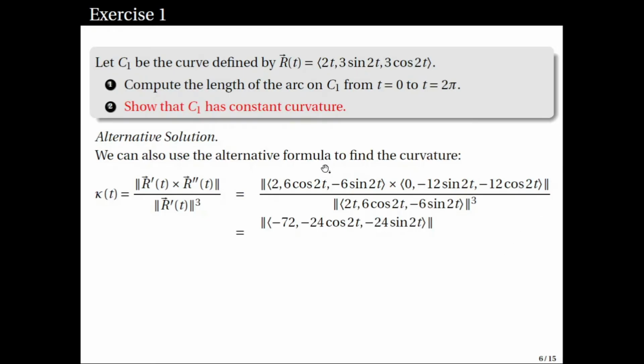And taking the cross product of this, verify that this should equal this vector divided by 2 square root of 10 cubed. And if you take the norm of this, you should get 24 square root of 10, and the cube of this is 80 square root of 10. Simplifying this, you get 3 over 10. So we have the same answer as what we had on our first solution.